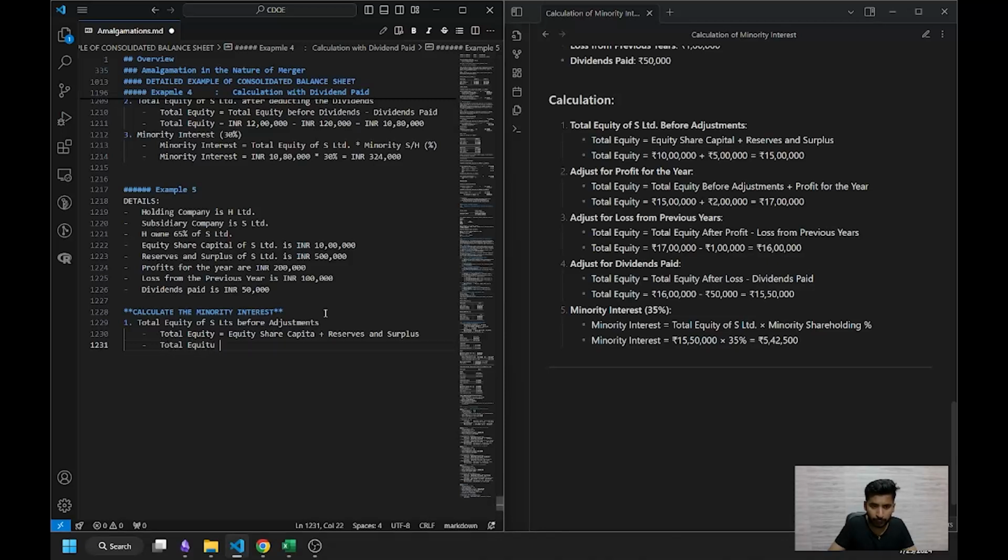So the total equity is equal to INR 10 lakhs plus INR 5 lakhs, which is equal to INR 15 lakhs.